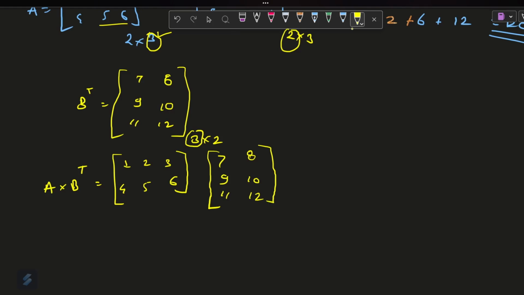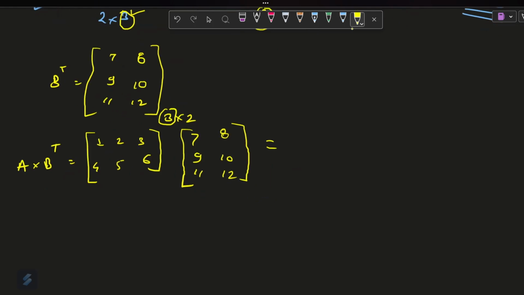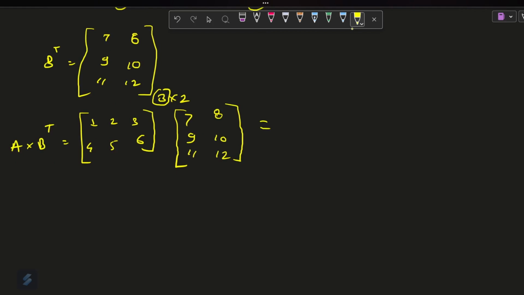When we perform the multiplication, how does it happen?